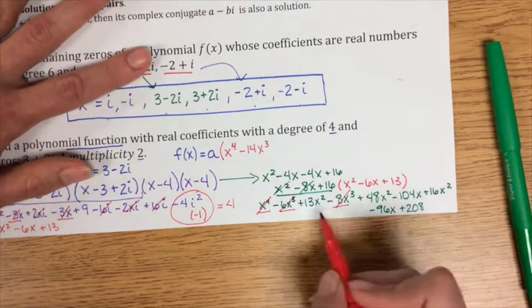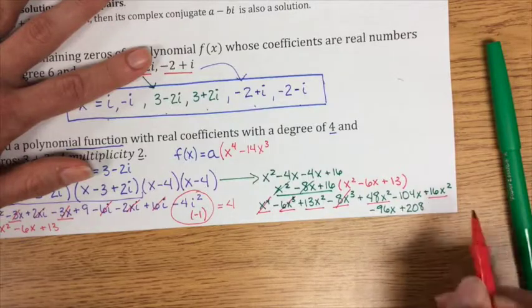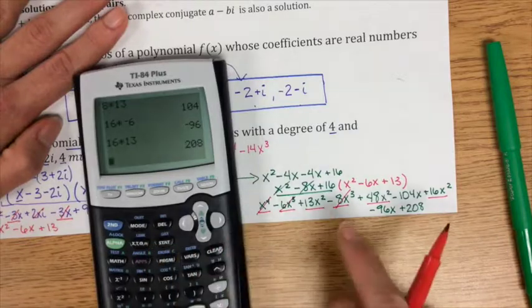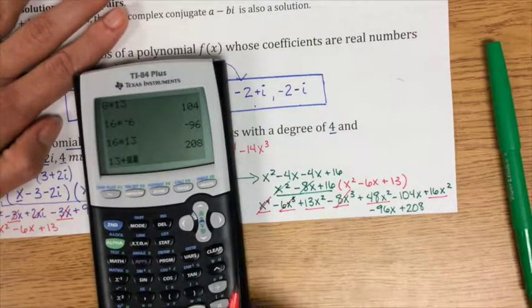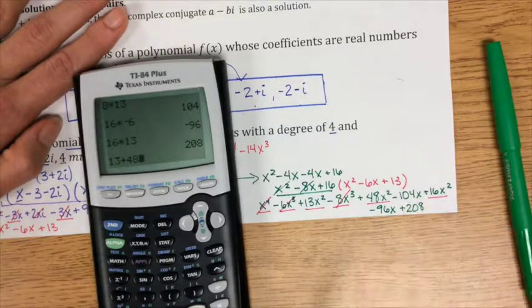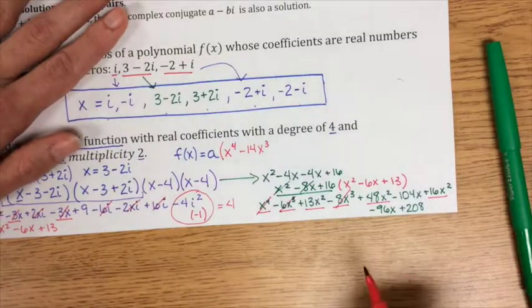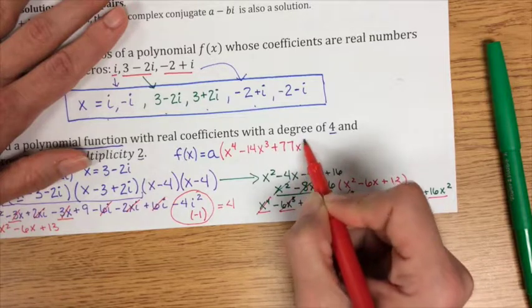Now I'm going to find all my squares. So here's a square, here's a square, and here's a square. And I'm going to use my calculator to kind of help me here. I have 13, and then plus 48, and where's my other square? Plus 16. And so I get 77. So positive 77x squared.